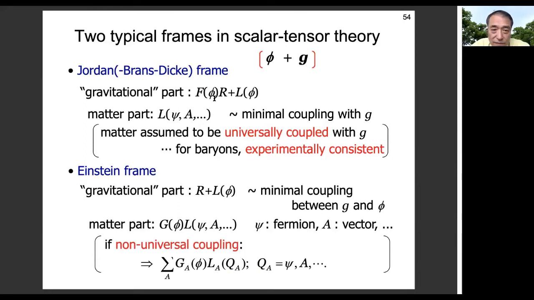So the scalar field is intrinsically coupled to gravity. In that sense, this is not a simple tensor theory of gravity, but a scalar tensor theory of gravity.